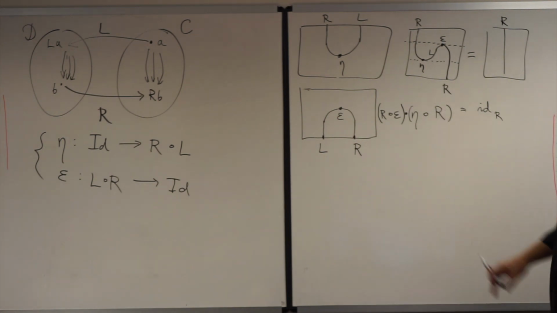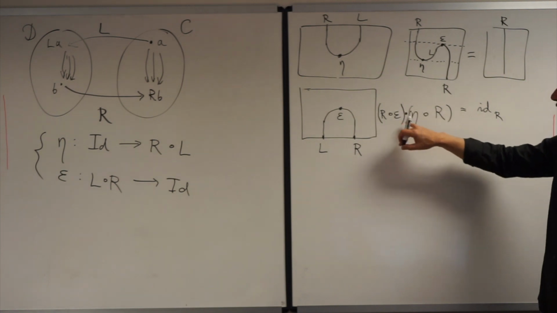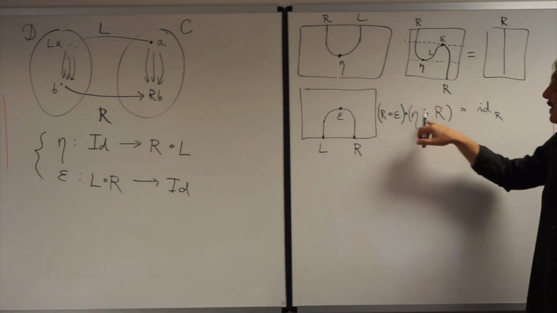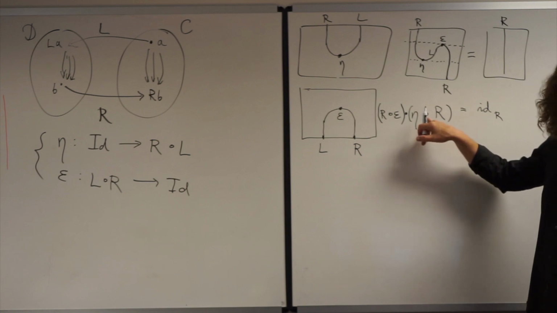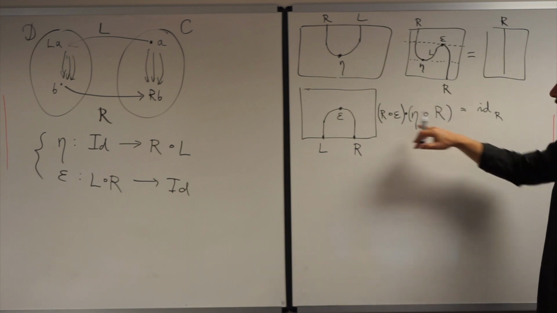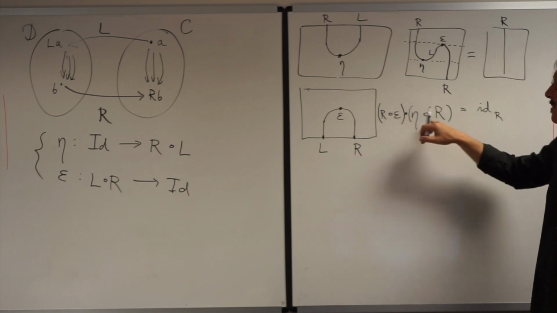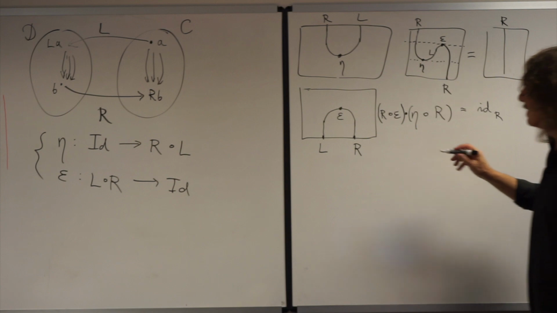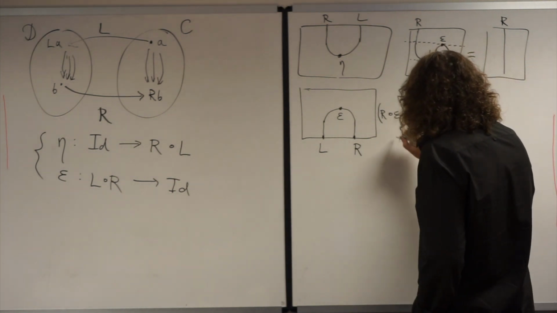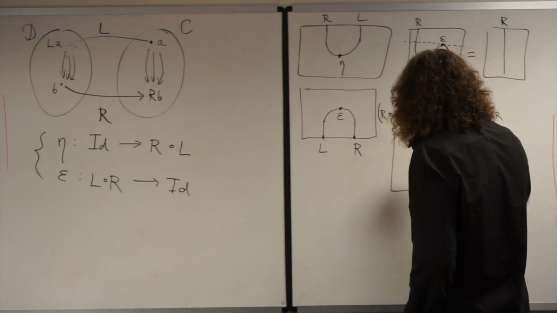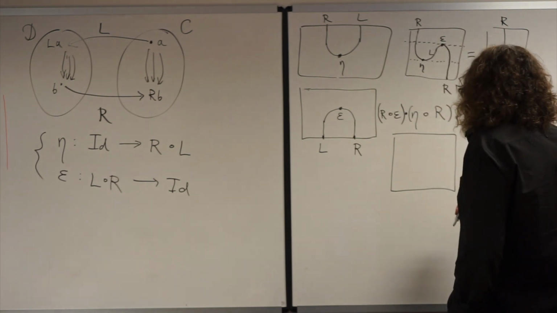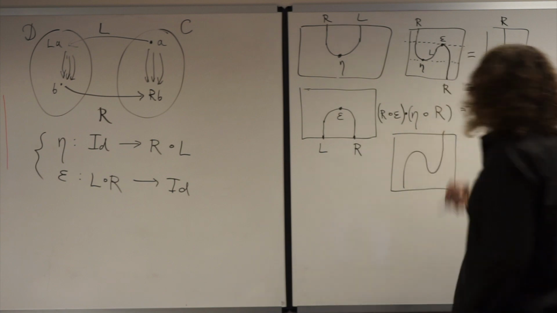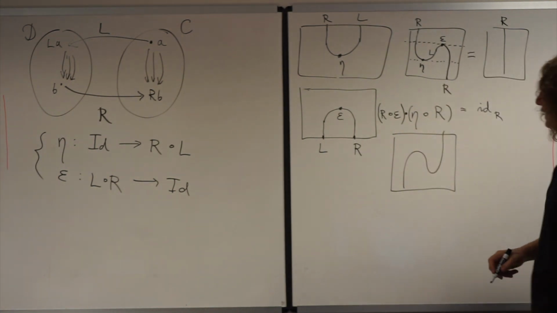So this is called the snake identity. And you can see that this is a combination of vertical composition, the filled dot, with horizontal composition, the empty dot, right? And if you don't remember which one is which, this is the diagram that tells you. And of course, this is one snake, and there's also the other snake, right? Which will go like this. Right?